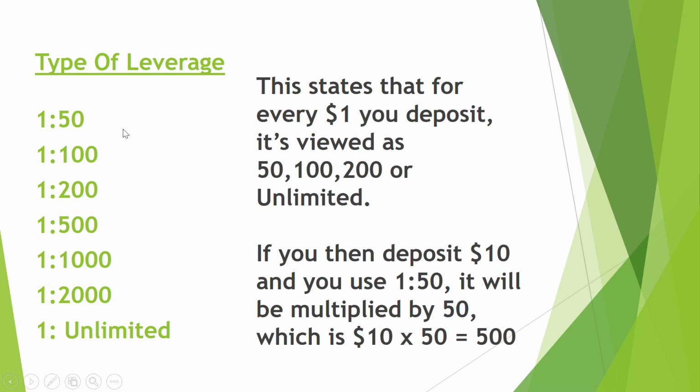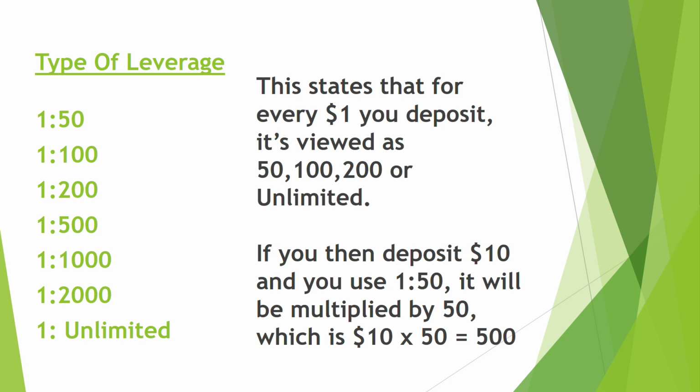The reason is that for every single dollar you deposit in your account, it's viewed as $50. If you deposit $1 times 50, the amount on your account will be viewed as $50, even if you have $1 showing on your account.